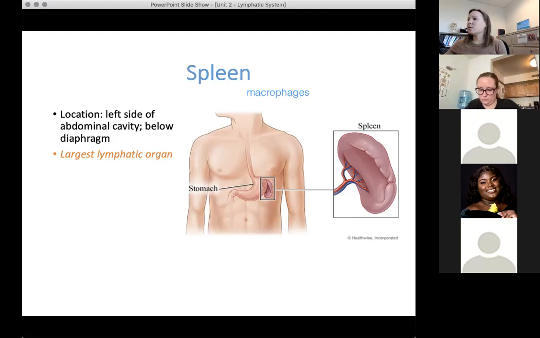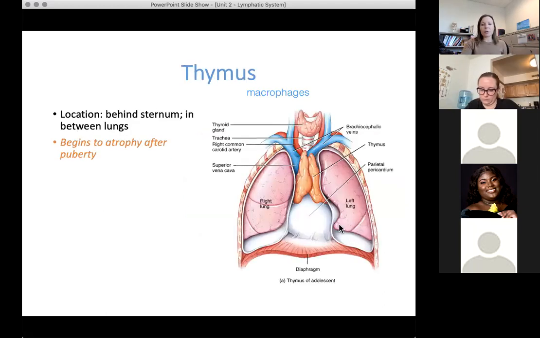Okay, so we're getting close to being done. We have two more lymphoid organs to cover. The next one is the thymus. So let me show you that here on the PowerPoint. This orange structure in between the lungs is the thymus. For description and location, it is an organ that has two lobes.